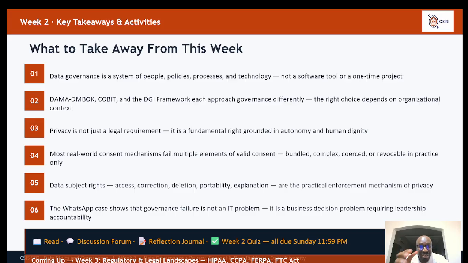Rights to access, correction, deletion, portability, and explanation are the practical enforcement mechanisms of privacy. Finally, the WhatsApp case shows that governance failure is not actually an IT problem. No, governance failure is actually a business decision problem that requires leadership accountability.